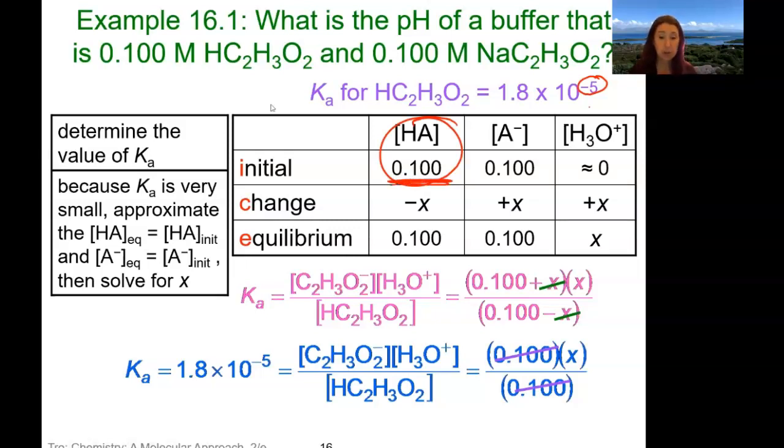So "X is small" should work. Okay. So when we solve that, it makes it really easy because we just cross off our 0.1s and our Ka is our X because they are the same concentration. Best math yet.